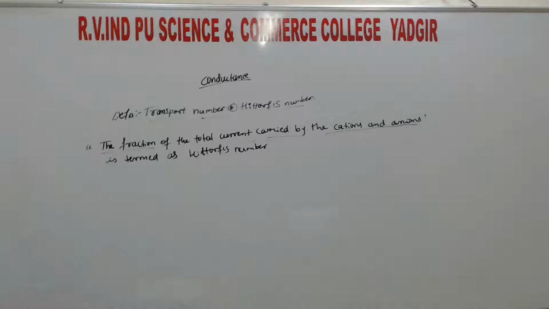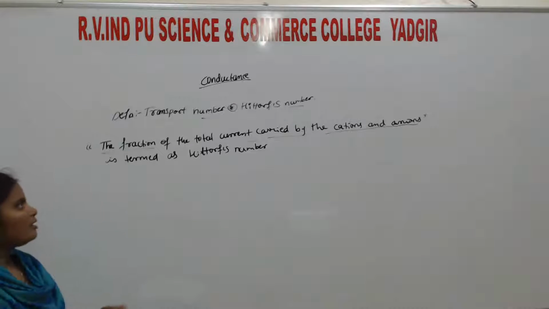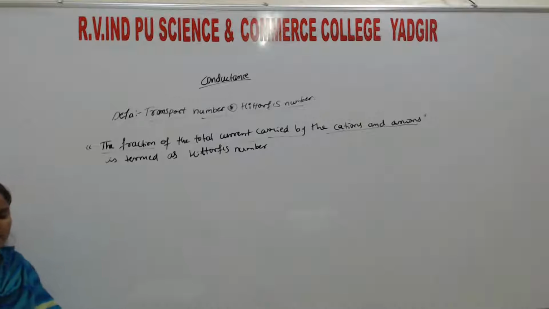The fraction of the total current carried by the cations and anions is called the Hittorf's number.